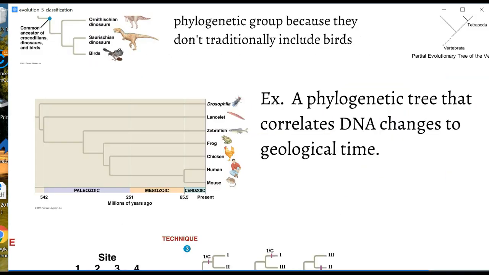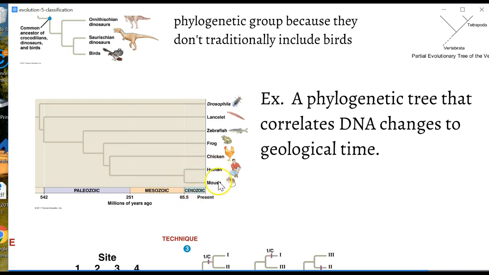Example of a phylogenetic tree that correlates DNA changes to geological time. So here we've got present day, and then on the x-axis we've got millions of years ago. So this is just organized based on time periods. And we can see that a human and a mouse most recently shared a common ancestor 65.5 million years ago.